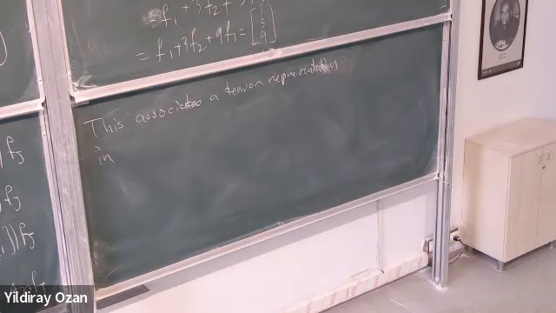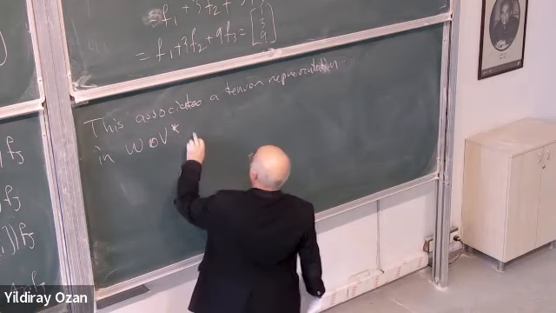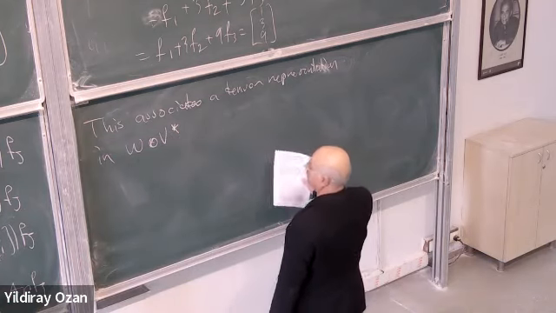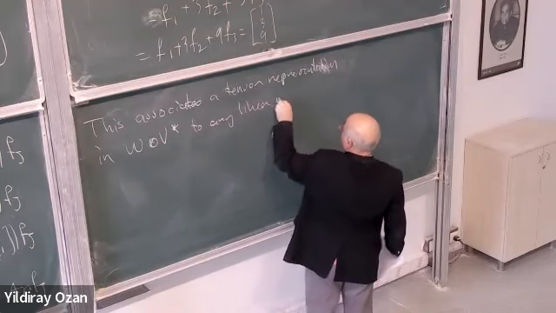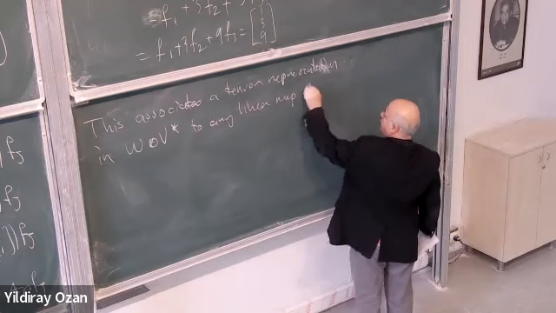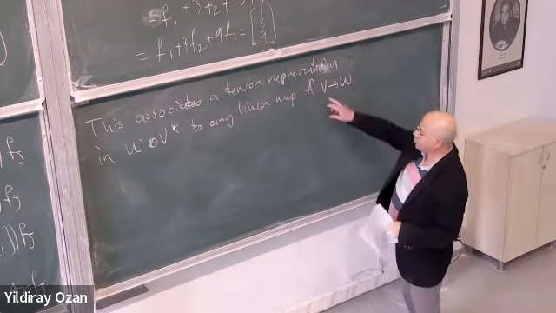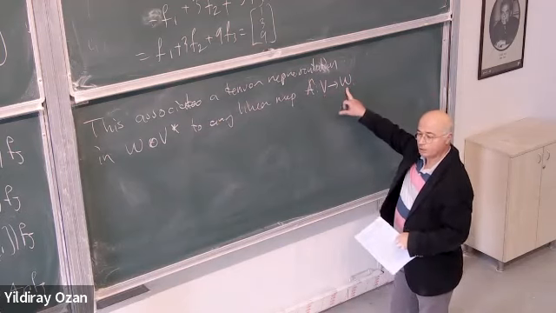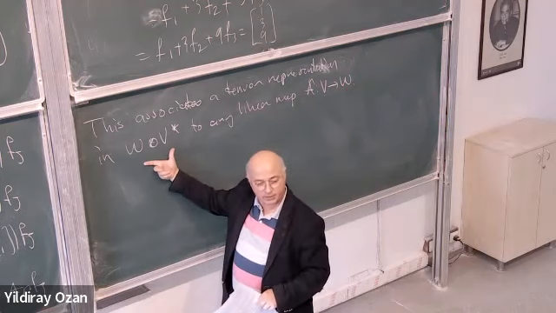Bu W'nun içinde, bu neyin içinde? V star'ın içinde, değil mi? So in W tensor V star to any linear map from V to W. Okay? So whenever you give me a linear map from V to W, I associate a tensor in this vector space.